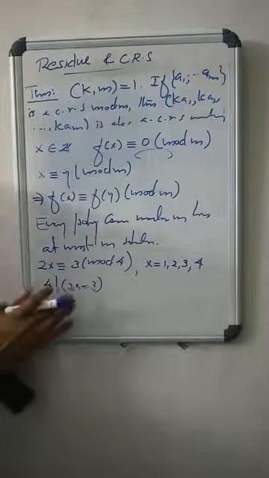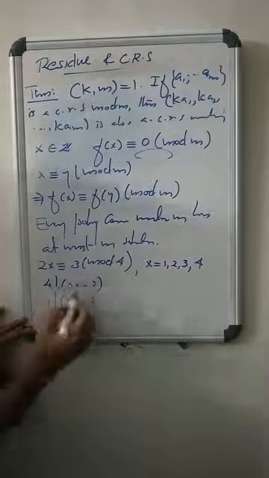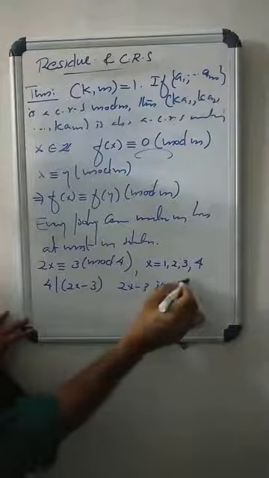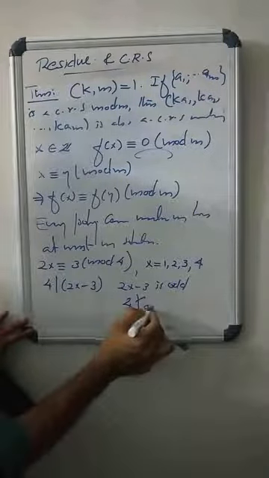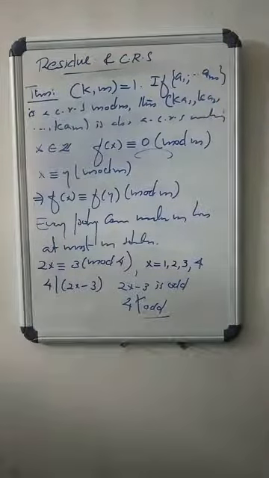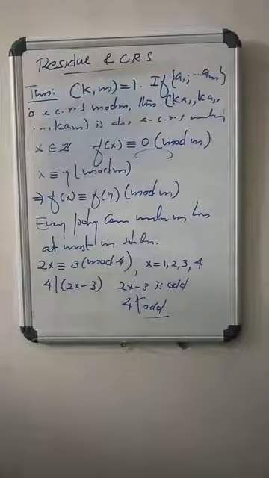This is not possible for any x, because 2x minus 3 is always odd, and 4 does not divide any odd number. So 2x ≡ 3 mod 4 has no solutions.